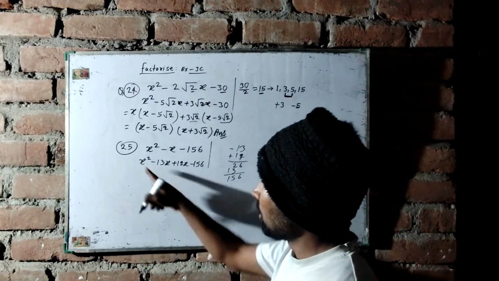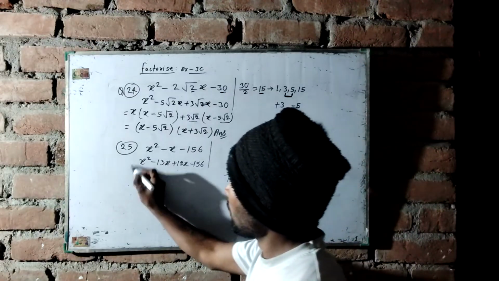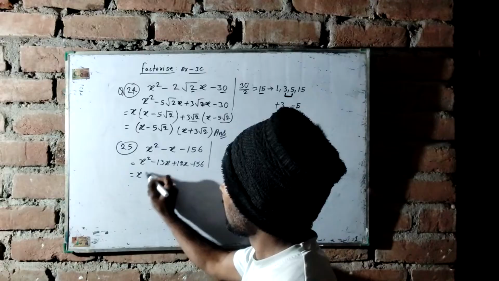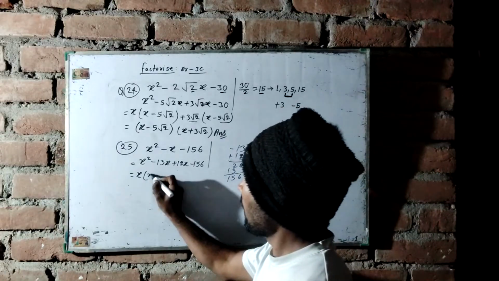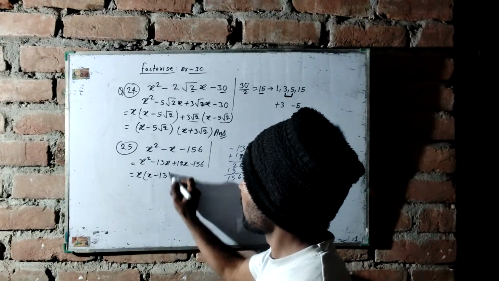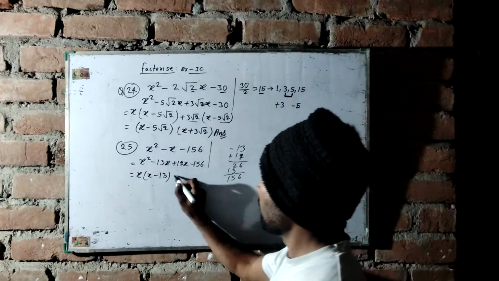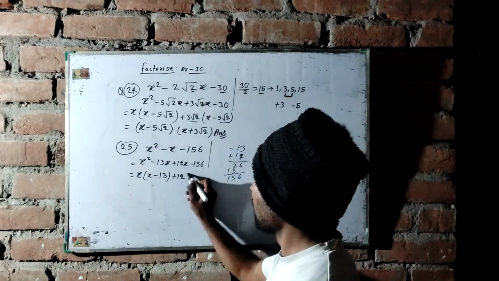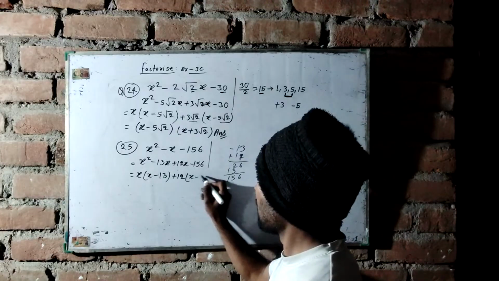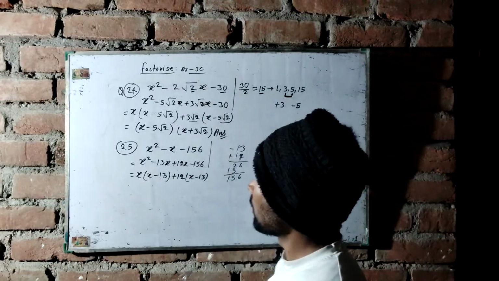Now we can take x as a common and we can write x minus 13 as a multiple, and we can also take 12 as a common and we can write x minus 13 as a multiple.